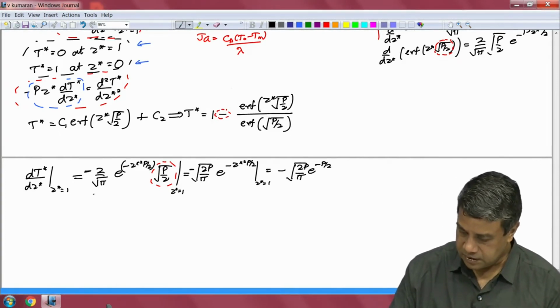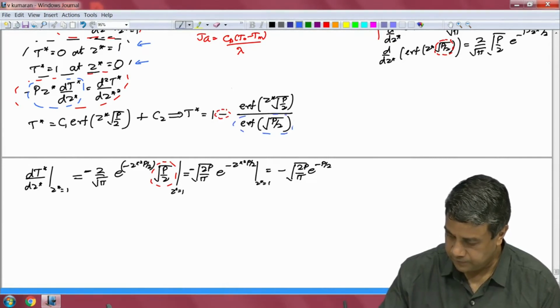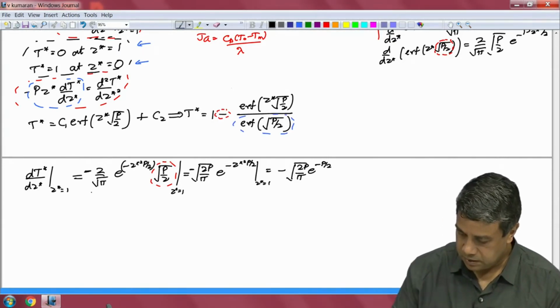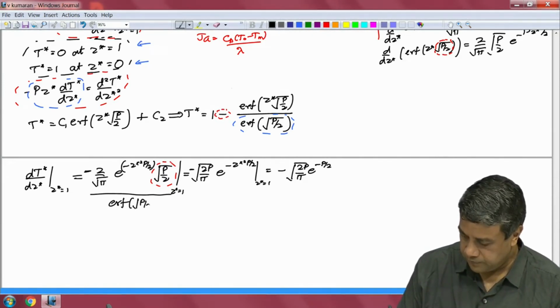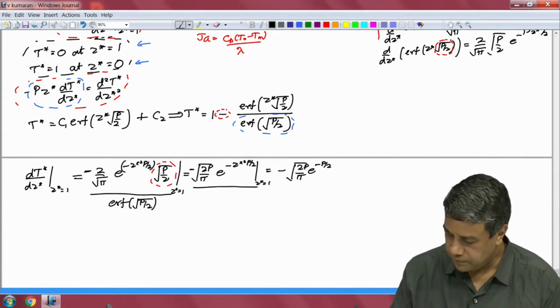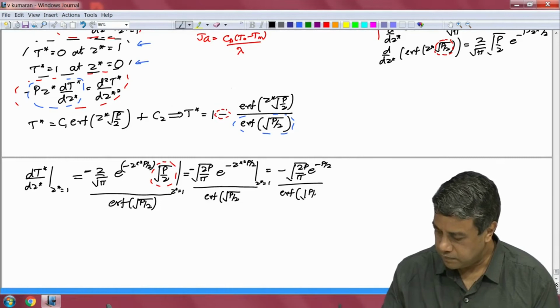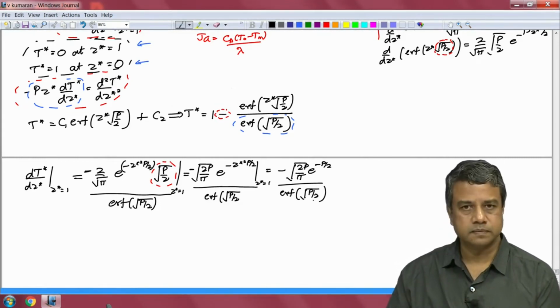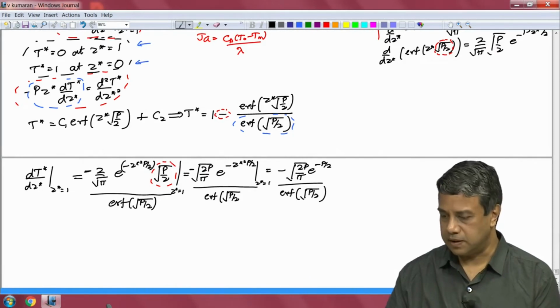And in both of these I have this term in the denominator here, I should not forget that. So, I will get here error function of, that is a constant that is there in the denominator when you take the derivative.